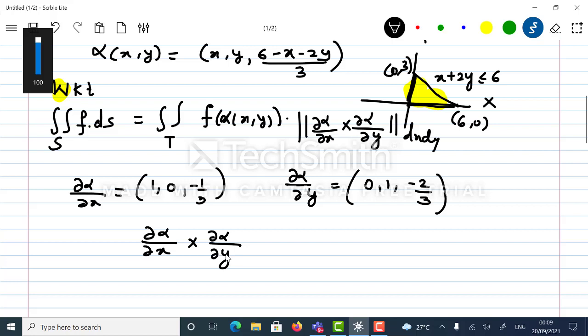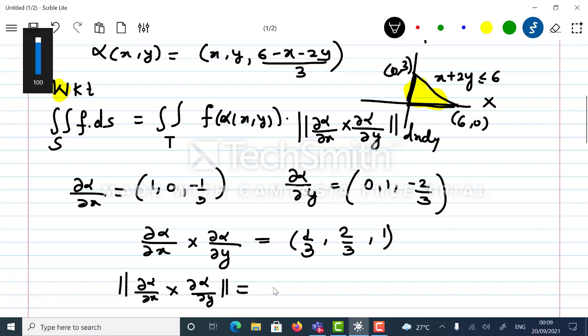If you find out this cross product, then this will be 1 by 3 comma 2 by 3 comma 1, and the norm of this will be root 14 by 3.